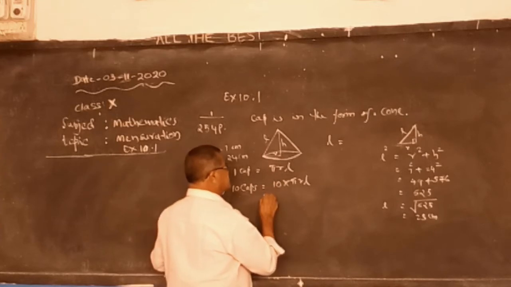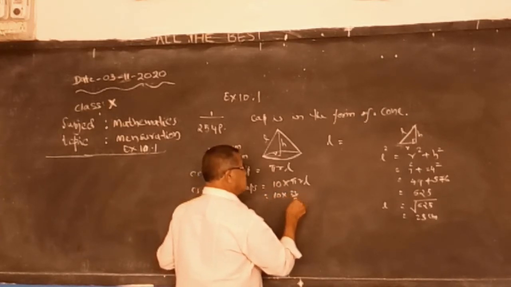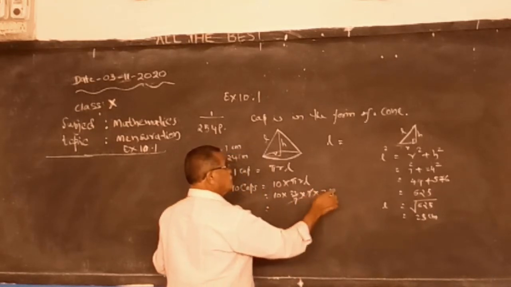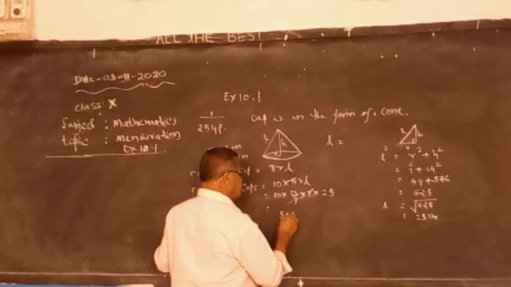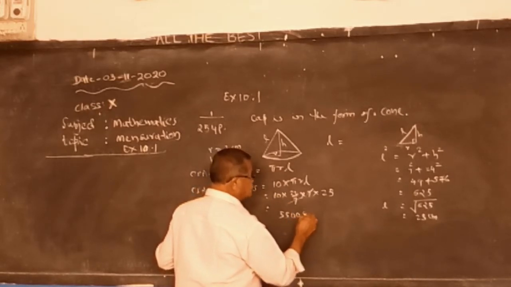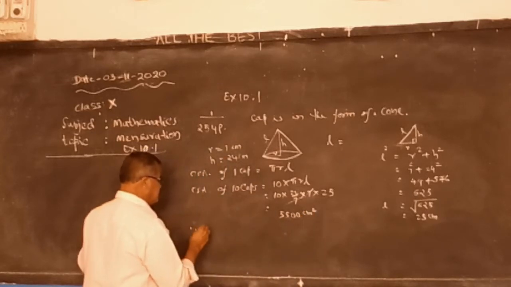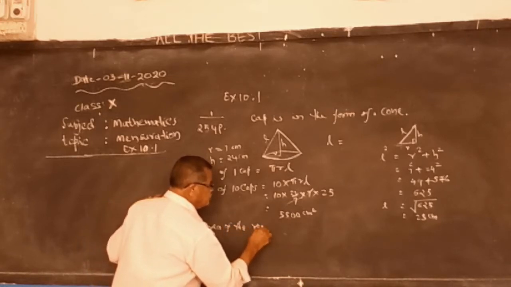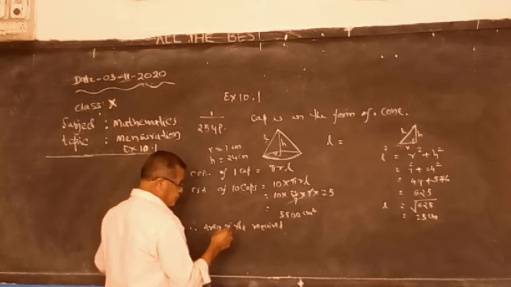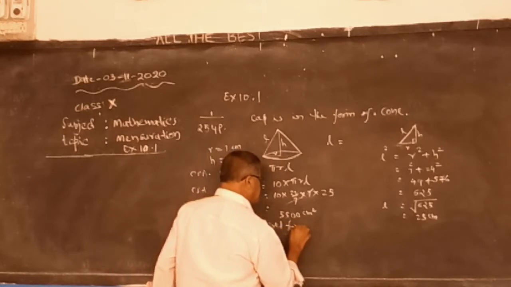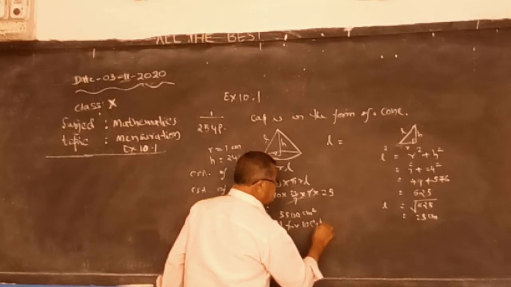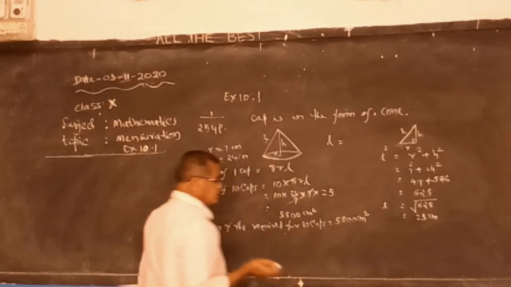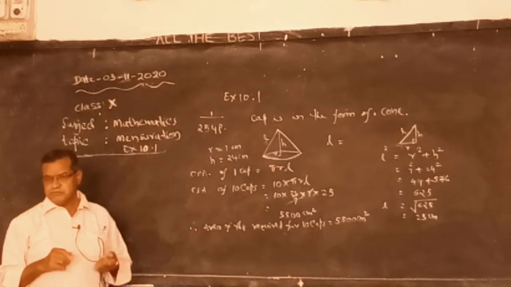Now simply substitute: 10 into pi value 22/7, r value 7, l value 25. 7 and 7 cancel. 25 twos are 50, 5 5s are 25, and then zeros. So the area of the sheet required for 10 caps is equal to 5500 cm square. This is the first one.